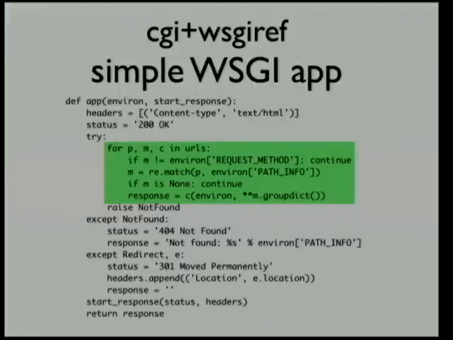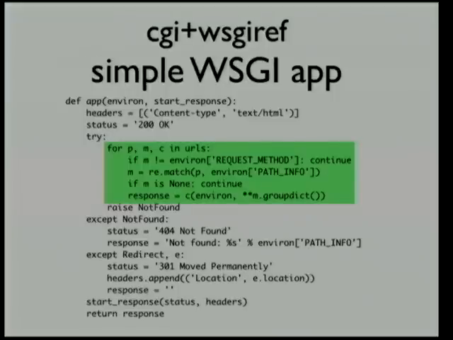We'll see the contents of URLs later, but it's basically just a URL pattern, a request method, and something to call if it's a match. So it's really easy. And then we've got some handling of exceptions. So if there's no match, not found, handle the not found exception and redirect exception, and away we go.